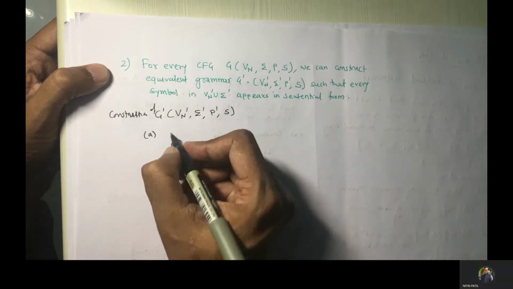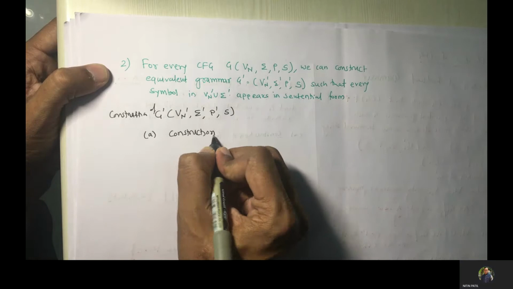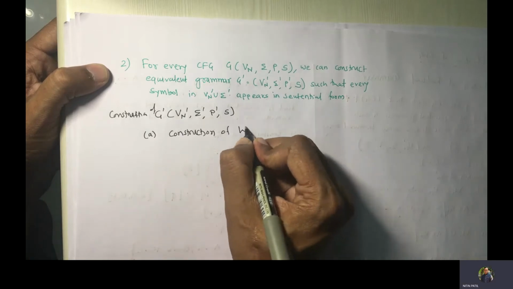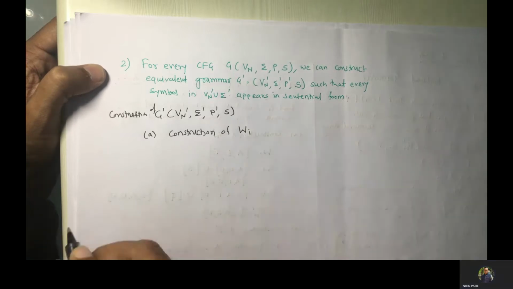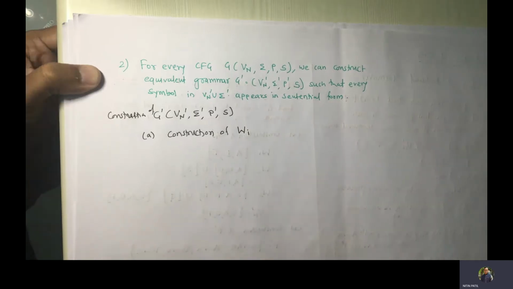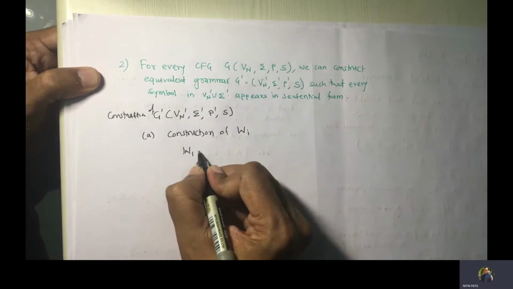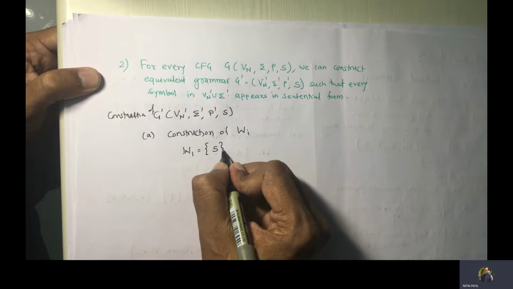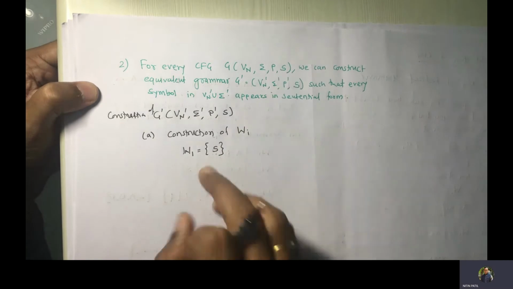Stage 1 is the construction of W. So we'll create the W's. How would this W be constructed? We will take W1, the first W, to contain the start variable. So the first W we are going to take is the start variable from the given grammar.